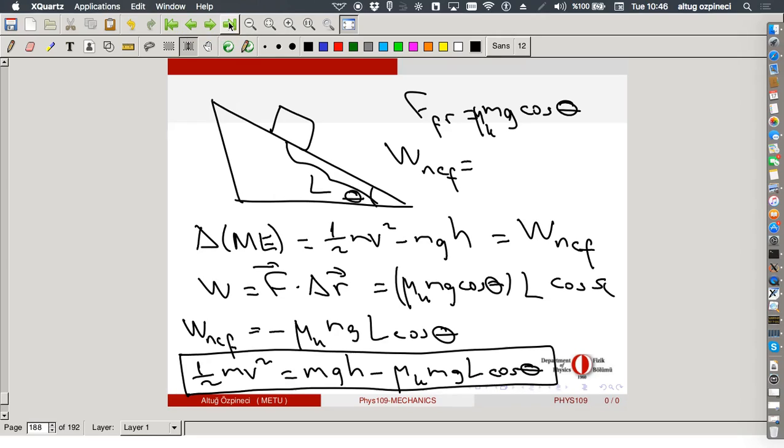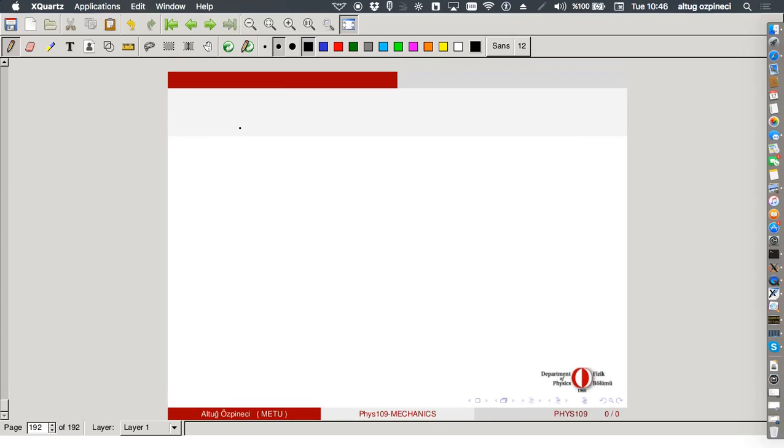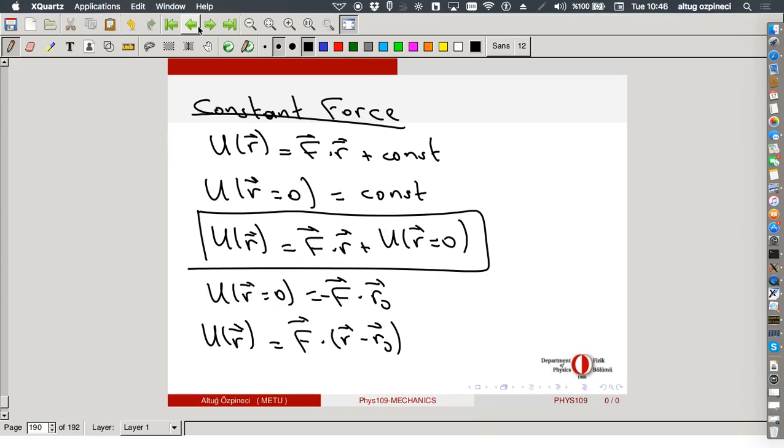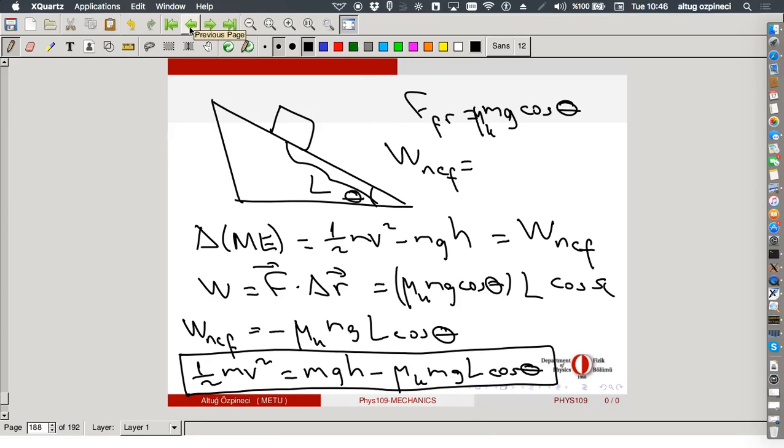True. I mean, that's the conservation of energy. Energy is always conserved. It is never lost. But the important thing is, the energy of what? In a sense, the energy of the universe.